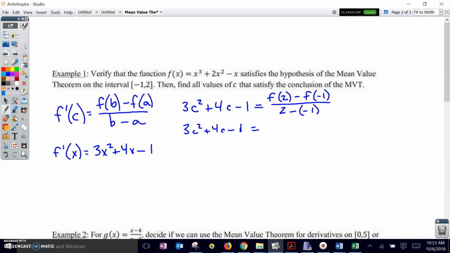We substitute 2 into the original function. That's 2 cubed is 8, plus 2 times 2 squared, that's 8 more, that's 16, minus 2, it's going to be 14, is going to be the value of f of 2. The value of f of -1 is going to be -1 plus 2 plus 1, so that's going to be 2.